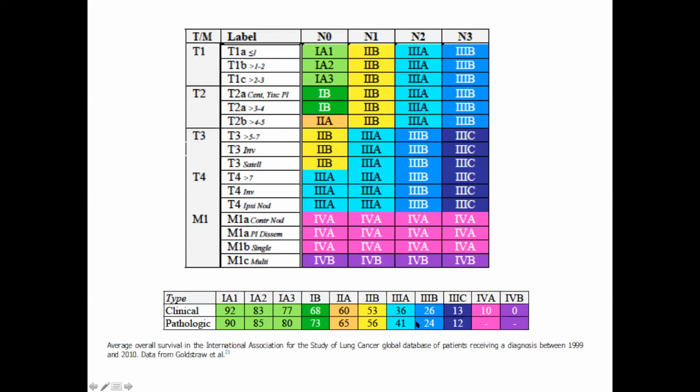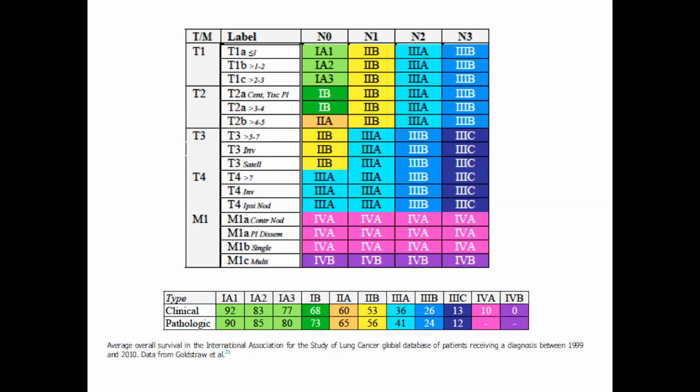I should say these are not the figures that we should necessarily be quoting to patients in terms of what we expect their survival to be. These were the historical figures that were used, Peter Goldstraw among others, looking at this data between 1999 and 2010. And obviously, if we look at survival by decade of data, it seems to improve each time.